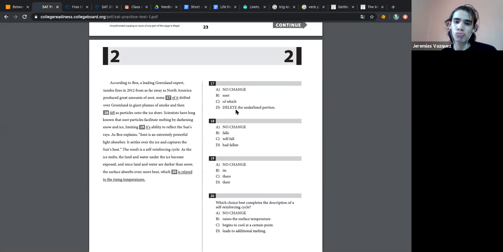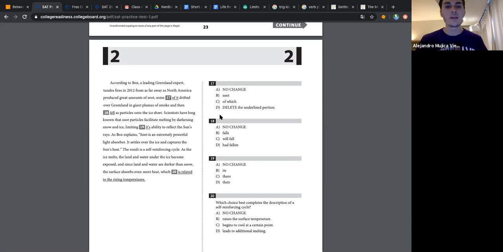The reason why we cannot delete this is because we do need to mention soot again, unless we use the semicolon, but it's not there. Because there's a comma, we have to refer back to soot. But we use pronouns to not repeat the subject again, so saying some soot would be kind of dumb if we have pronouns that we can use to rename it in a less repetitive way.